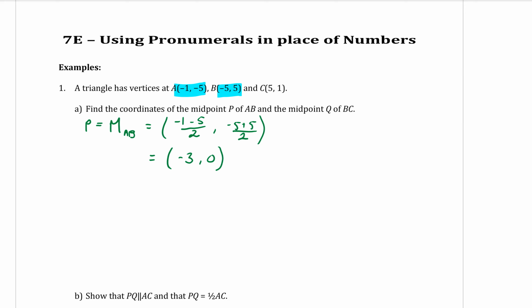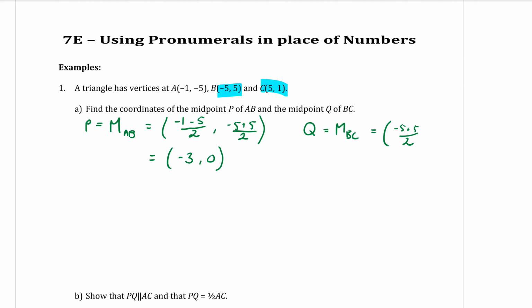Now I want to find my point Q, which is the midpoint of B and C. So I'm doing the same thing again, but I'm just using B and C, those 2 points. Okay, so we'll do the same process. Average the x's. So that's going to be -5 plus 5 over 2.